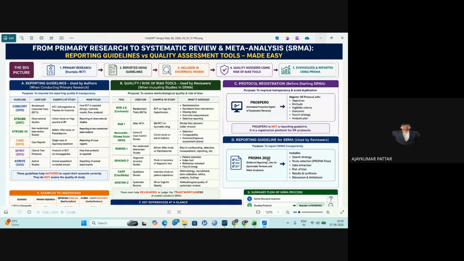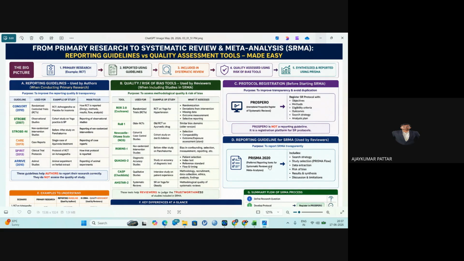So instead of writing that we conducted with the PRISMA guidelines, no, we conducted our systematic reviews with the guidelines of Cochrane or JBI or any other evidence synthesis body. Many evidence synthesis bodies are there, organizations giving guidelines to conduct systematic reviews or evidence synthesis methods. We have to mention that.